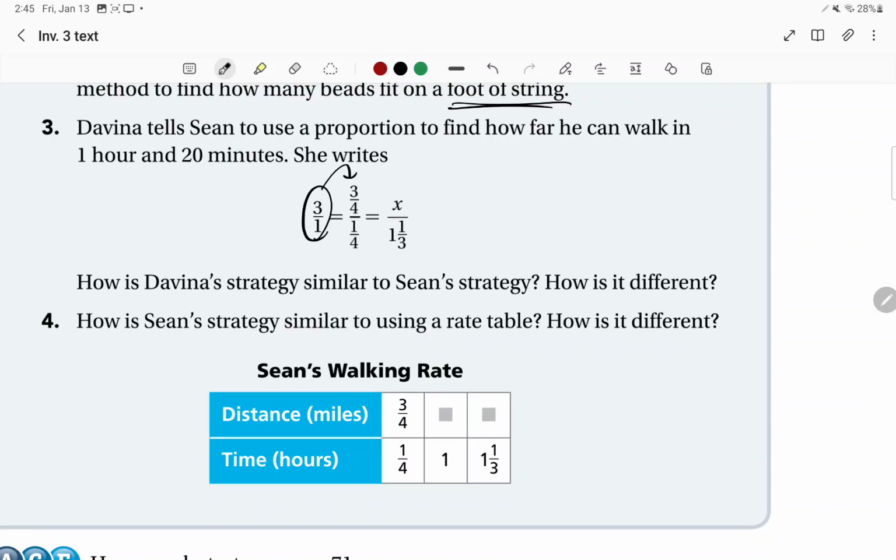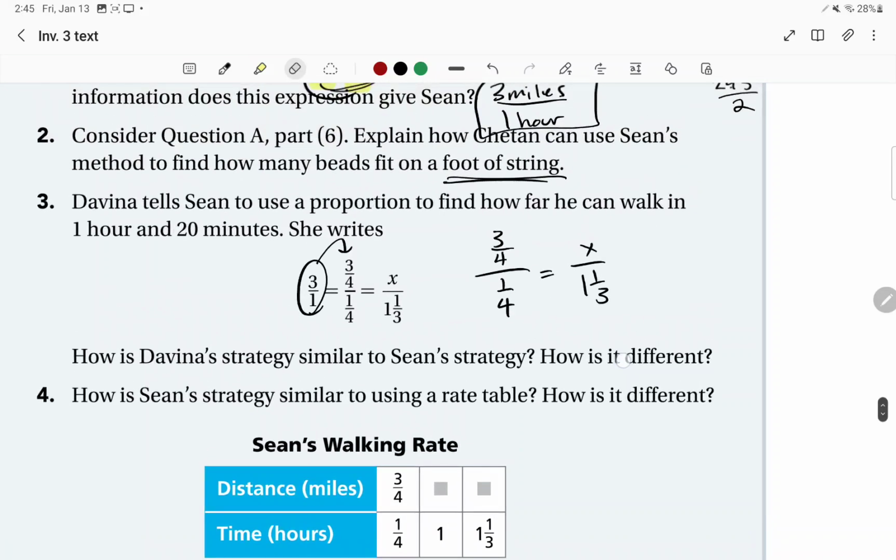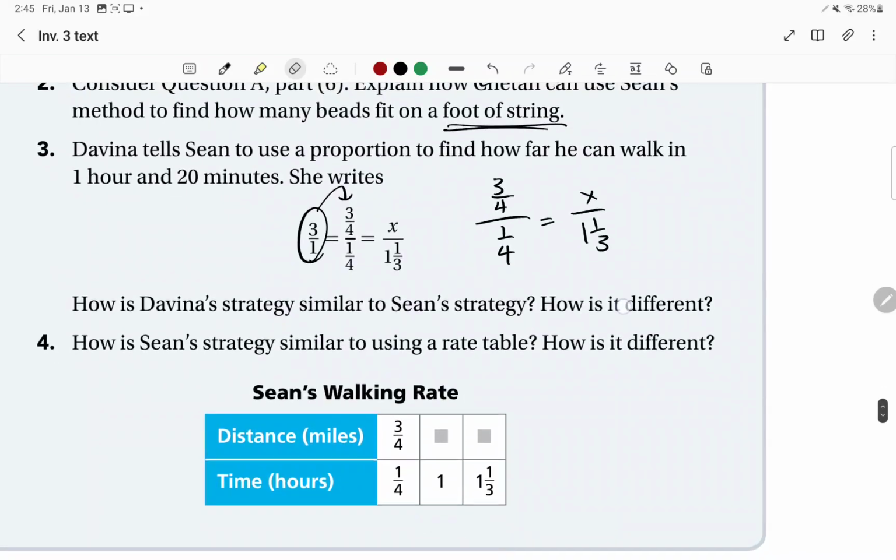And then she sets that equal to a proportion. So really, the proportion piece that we're going to be solving, this is kind of confusing, is just this part. Or you could also do, nope, you're going to keep it like this, because that's in terms of hours, because we want to know in 1 hour and 20 minutes.